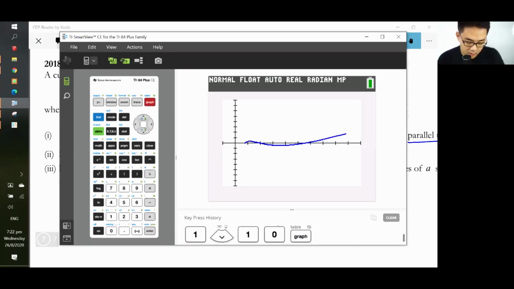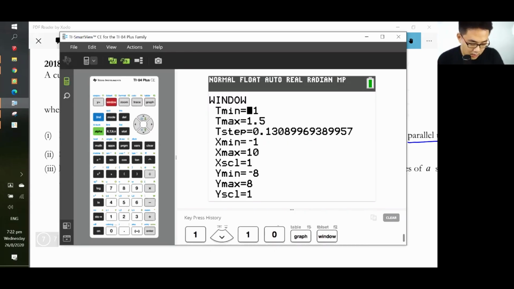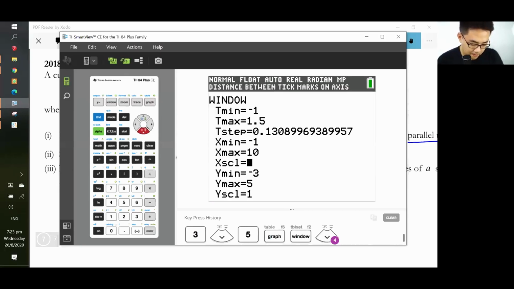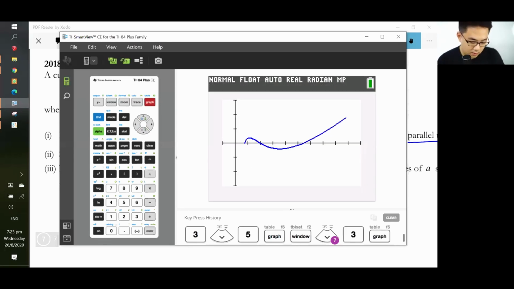Okay, so I usually would encourage students to just play around with the thing and get a nice shape out of this. So I will just try and get my nice shape. Ta-da!